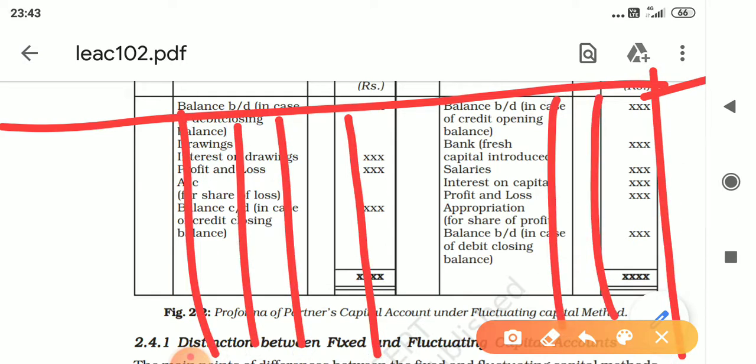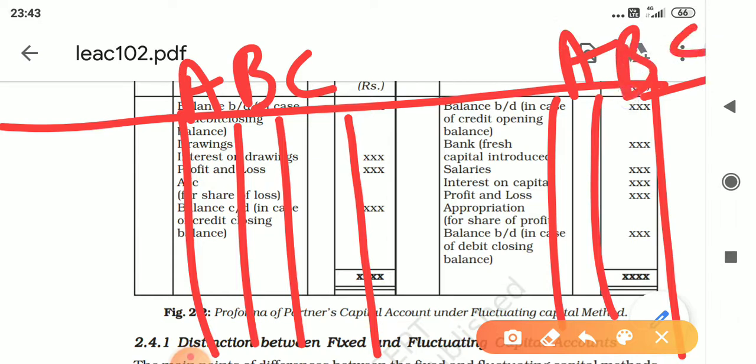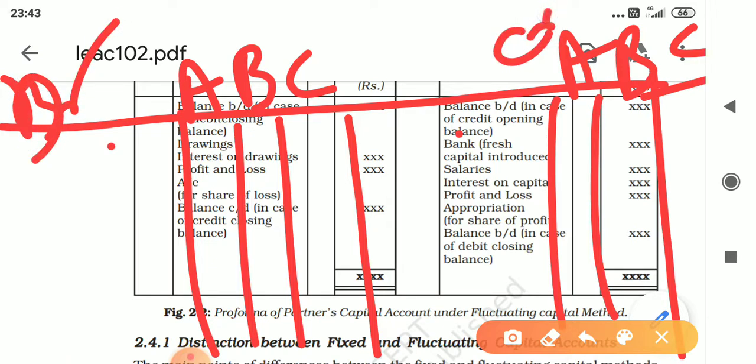Let us say A, B and C. A, B, C, A, B, C. The particulars columns will be same, debit and credit. So the particulars column will be common for all the three partners. Only in the amount columns we have to show the different amounts as per the different partners.